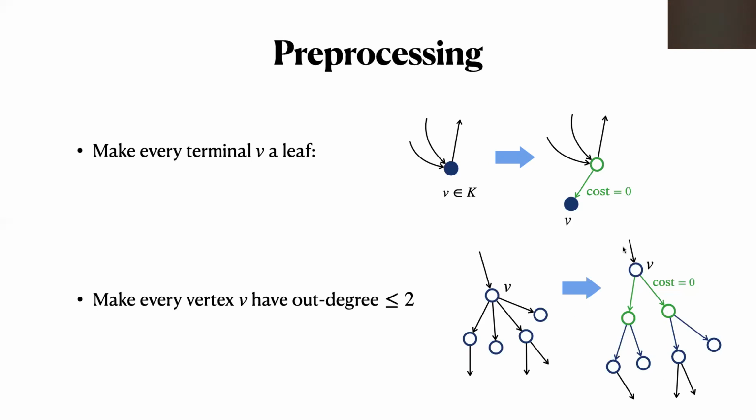This makes every vertex have out-degree at most 2. But this pre-processing can change the degrees of vertices, so we need to remember the original degree of each vertex. But this is not difficult. Although I'm not going to talk about how we do it, you can just trust me that the degree is not a problem.